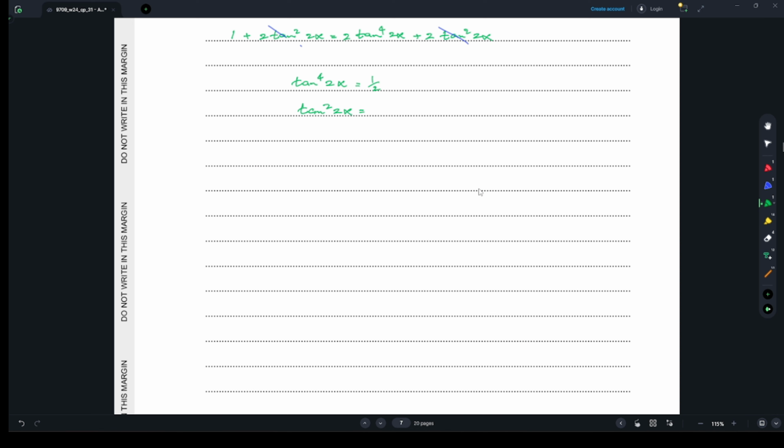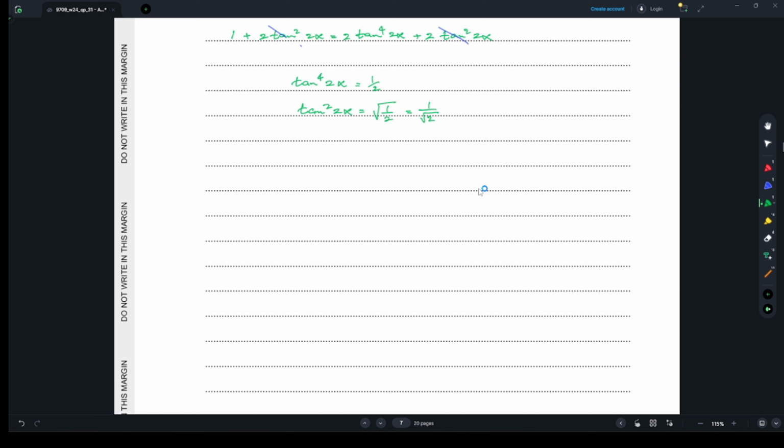So tan square is always positive, right? Because when we take a square of anything, it is positive. So I can consider only the positive root. So root of 1 over 2, which is root of 1 is 1, and over 2.